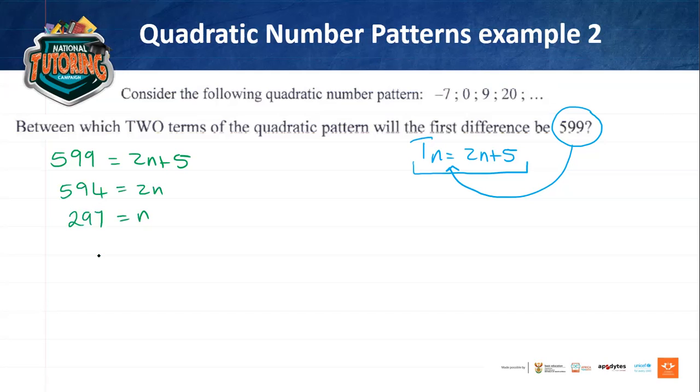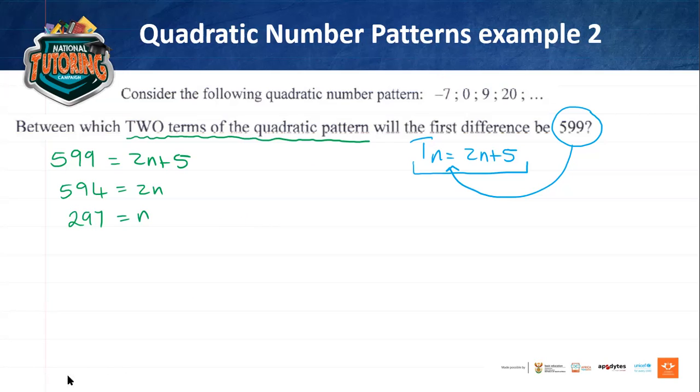But now, if we read the question again, which is always a good thing to do, make sure you've answered the question and you haven't just stopped halfway. It says between which two terms of the quadratic pattern will the first difference be 599? We've solved for n. We've just got one value. We need to figure out in our quadratic pattern between which two terms do we have.